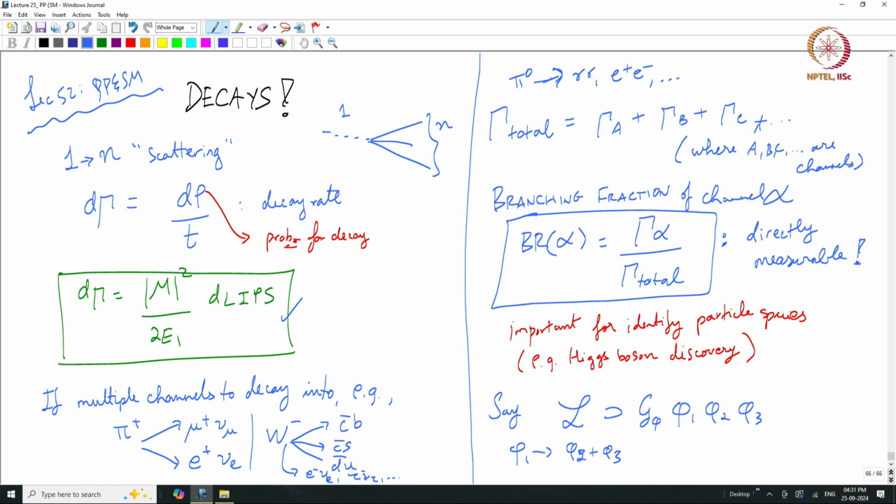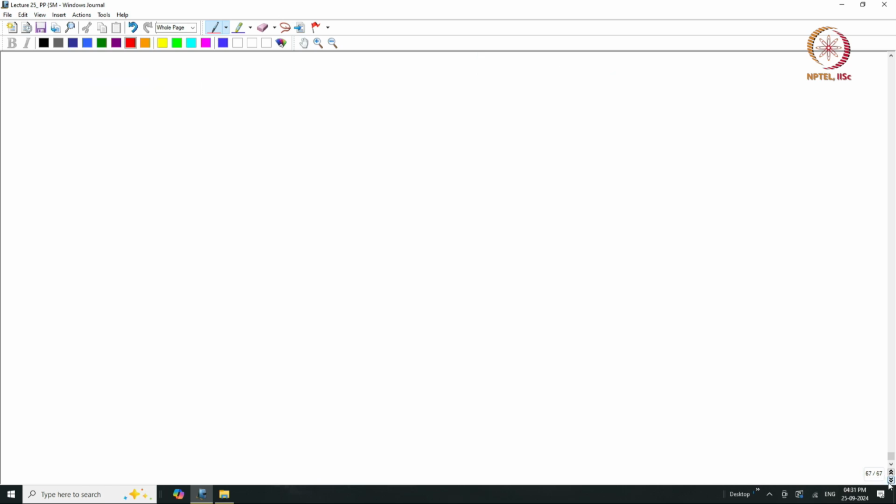Necessarily that means the coupling is a dimensionful coupling, it is not like the gauge coupling, it is not a small g. To indicate that it is dimensionful, I am giving it a capital letter.